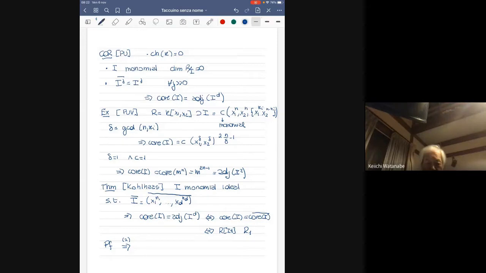The reason is because the core, and I think it's important to remind what the core really means, and the adjoint of I^d, both in this situation can be written in terms of a component of the canonical module. This is the d component of the canonical module of the Rees ring of I, and this is the d component of the canonical module of the integral closure.